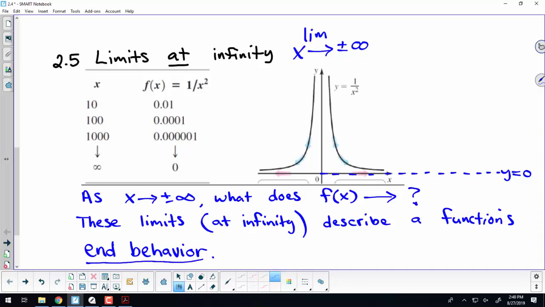And hopefully now end behavior makes a little bit more sense because you're computing the limit out here and the limit out here. What's happening on the ends? How does it behave at the end?